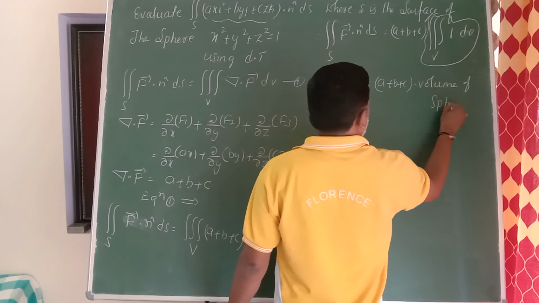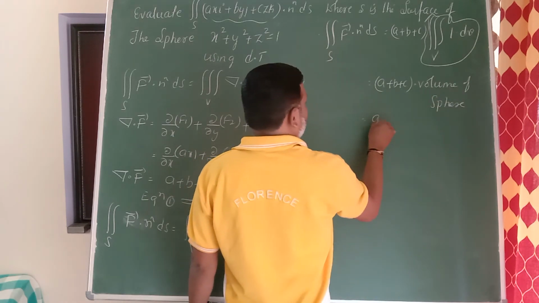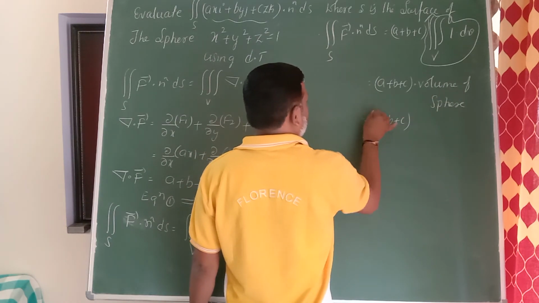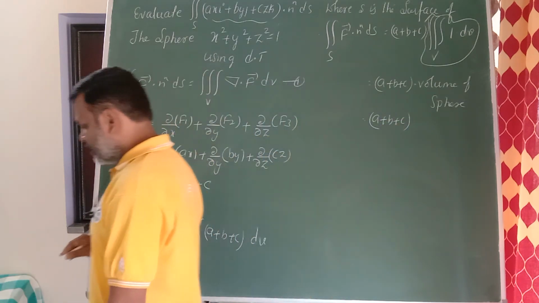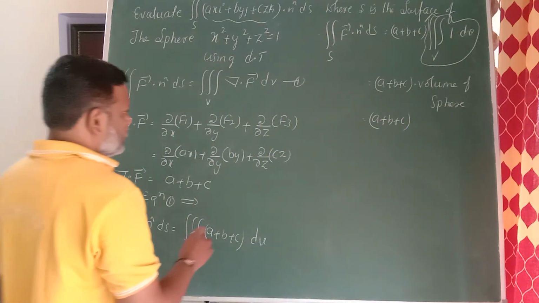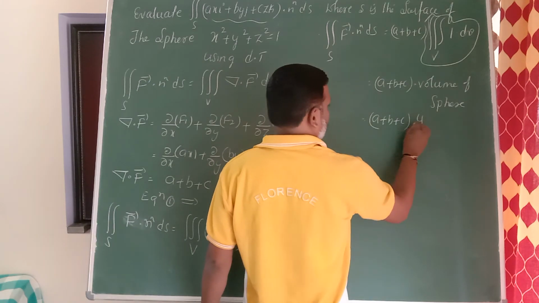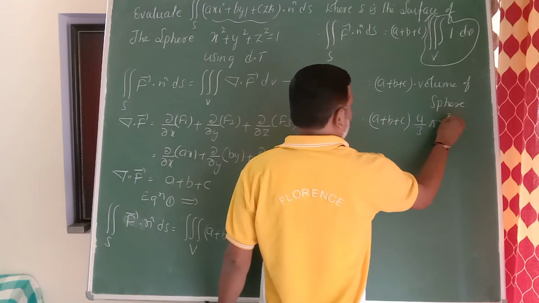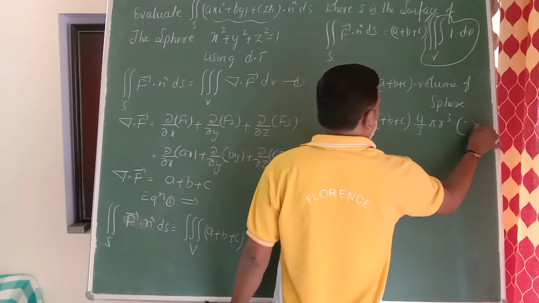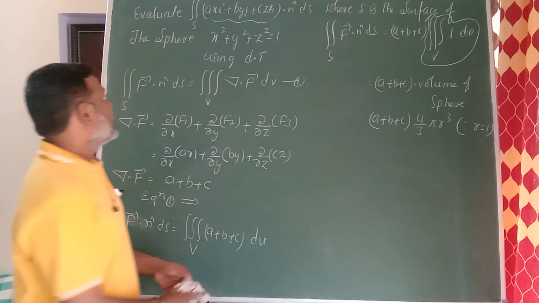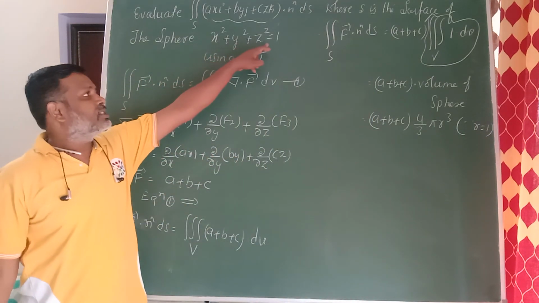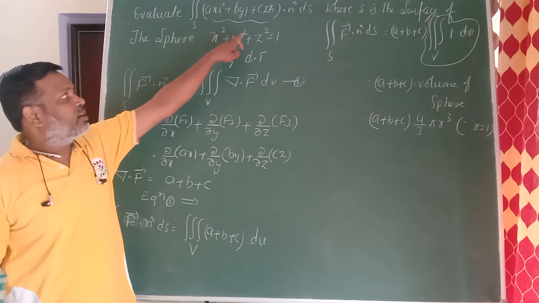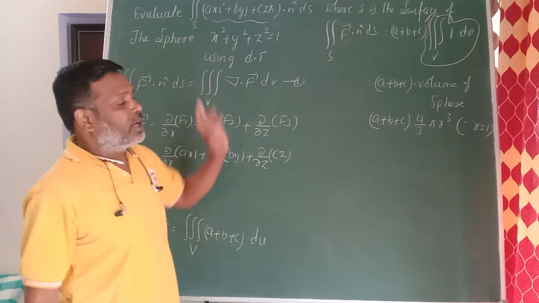So I can write a plus b plus c into the volume of the sphere, which is 4 by 3 pi r cube, right? Am I right? But r is equal to 1, since x square plus y square plus z square equal to 1 represents the equation of a sphere with radius 1.